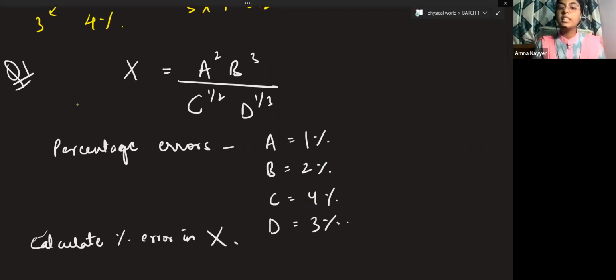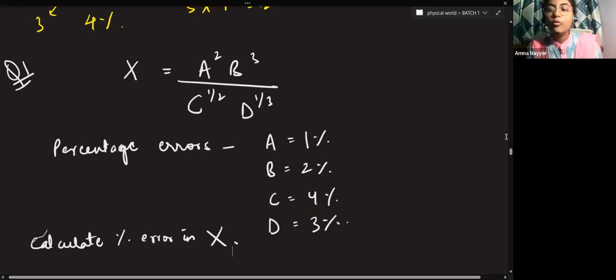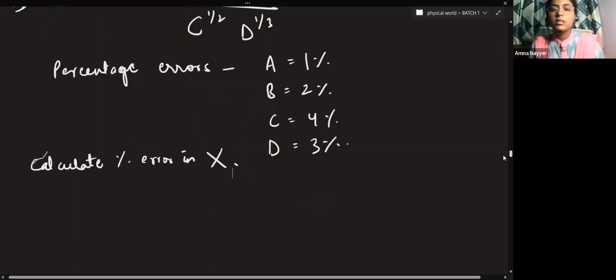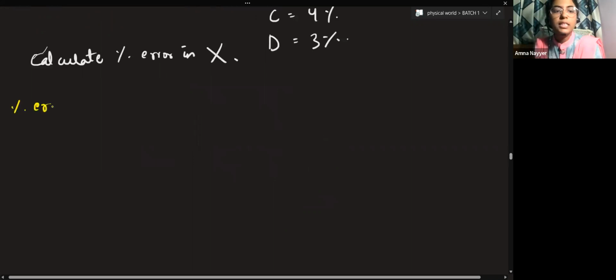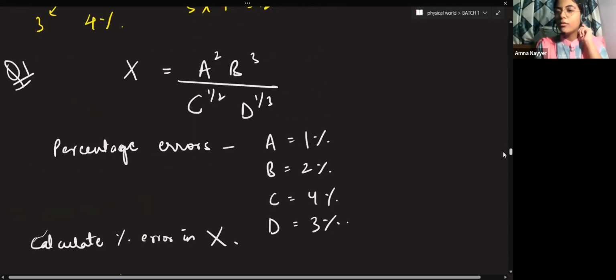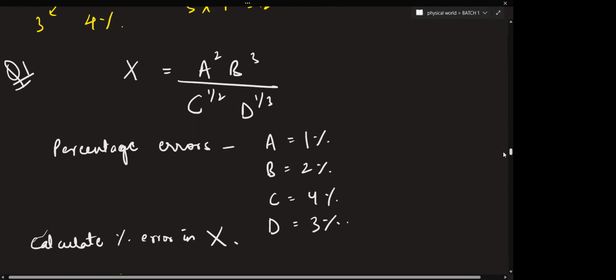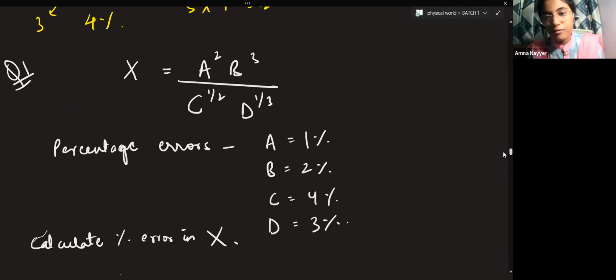This is a question based on exponential form. So what did I tell you? If you have to calculate the percentage error in X, and percentage errors are already given for A, B, C, D, different quantities, you put the value of the exponent and multiply it with the percentage. So let's talk about A. Tell me, what is the power of A? 2. And what's the percentage error in A? 1%.